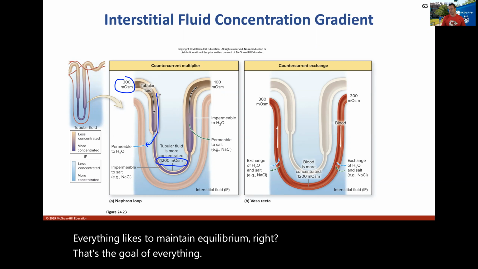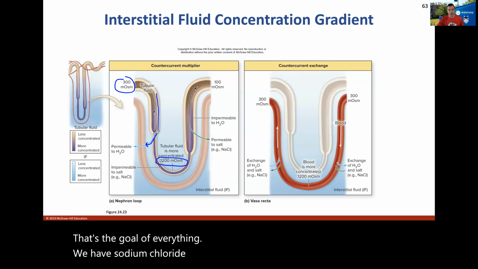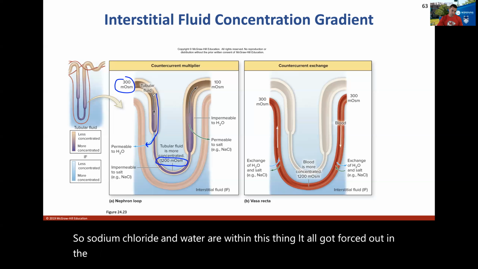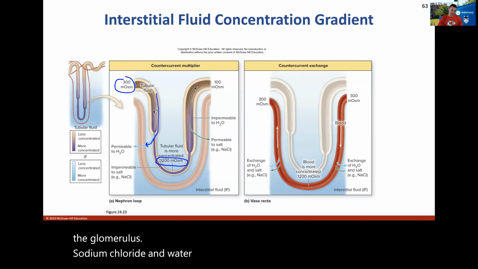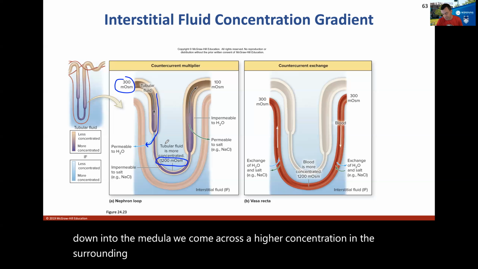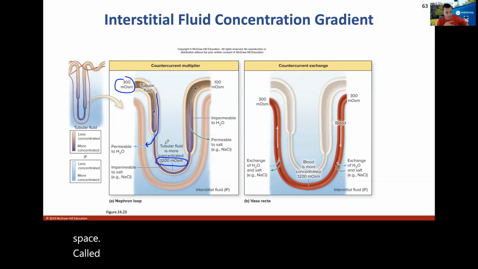We have sodium chloride in here. Let's just talk about that one. So sodium chloride and water are within this thing. It all got forced out in the glomerulus. Sodium chloride and water are traveling down in here, and as we get deeper down into the medulla, we come across a higher concentration in the surrounding tissues, in the interstitial space, or the interstitial tissue space, called the interstitium generally.